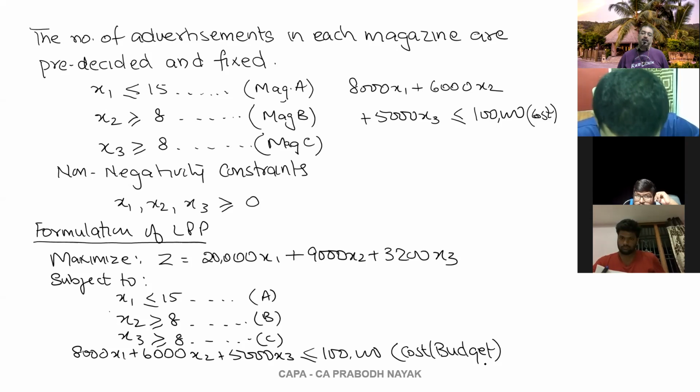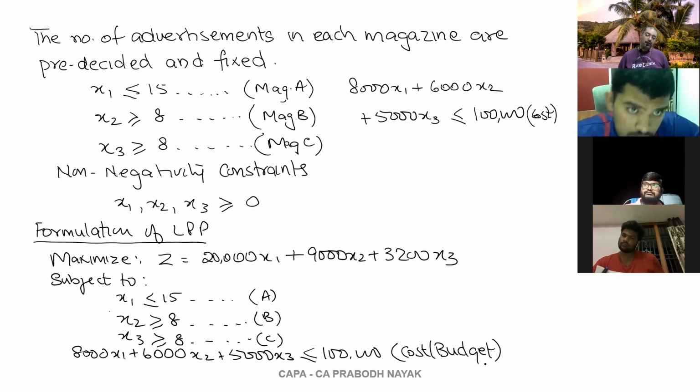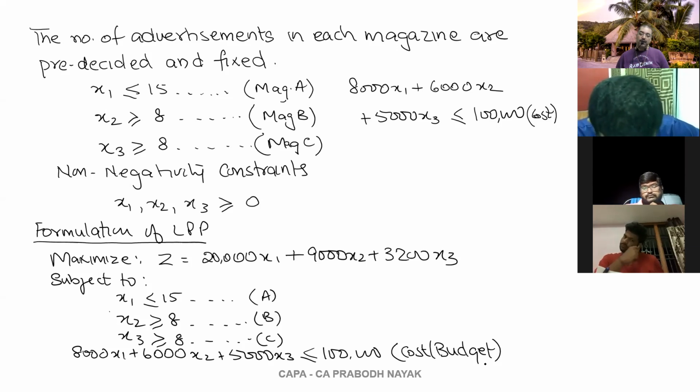We multiply by -1 on each side. So to solve, I will first bring them into the standard format. Multiply the second and third equation by -1. So minus X2 is less than or equal to -8 and minus X3 is less than or equal to -8. I multiply by -1 on either side to convert the greater than into a less than or equal to sign.